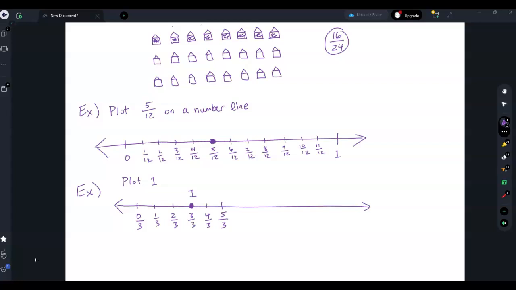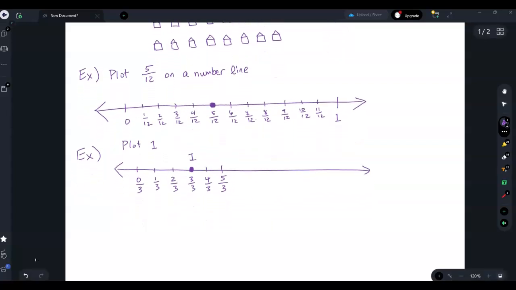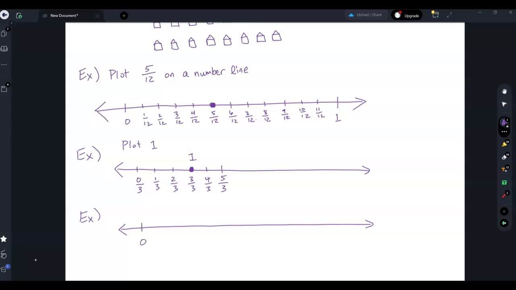So what about if we have another example here? So this time, let's put 0 and 1/4. And then this time, I'm going to ask that we plot 2/3. Now this is a little bit trickier because I don't have just one denominator, right?